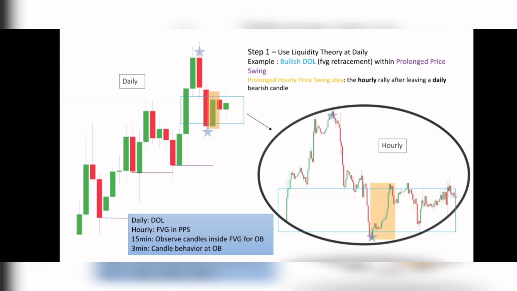At this point, we have price trading into a fair value gap after we have a prolonged price swing at the daily chart. And when price trades into that fair value gap in the blue rectangle, we are then bullish. And we are considering that orange box to be a prolonged price swing in which we are searching for price to trade into a fair value gap.